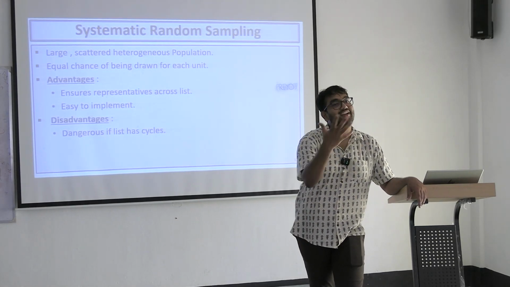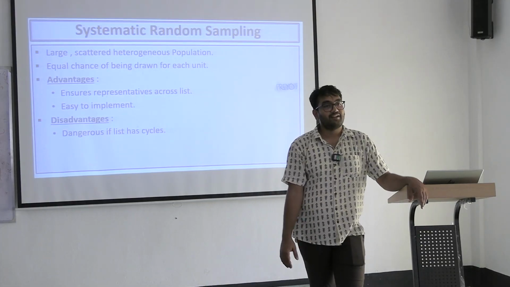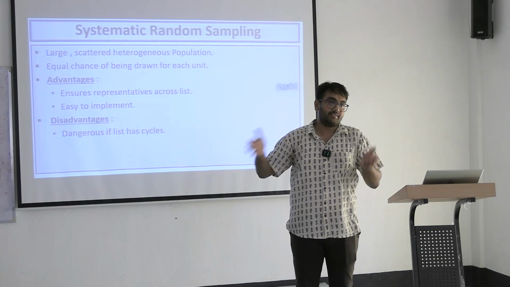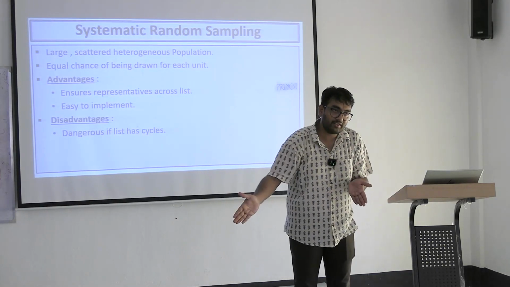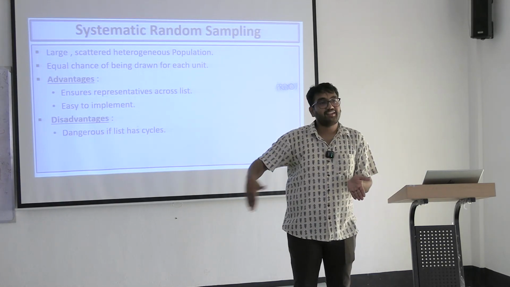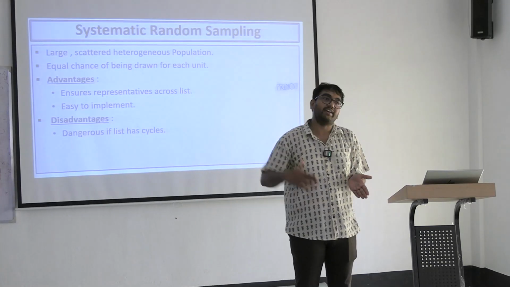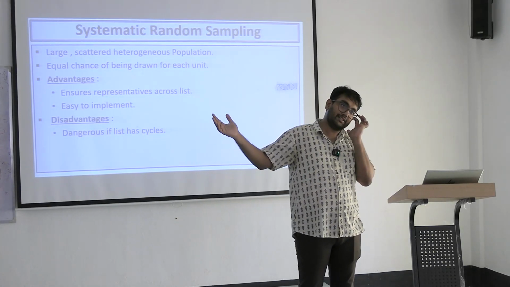Suppose it comes as 17. Then I select the 17th, then I go by the sampling interval: 17, then 57, then 97, then 137, then 177, and it goes on.